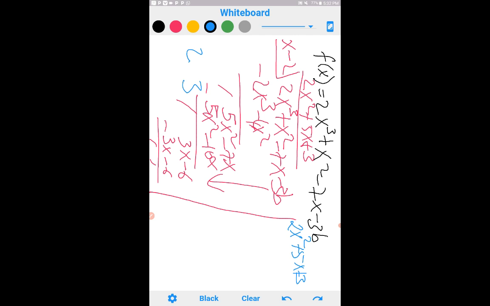So you now have 2x squared plus 2x plus 3x plus 3. I hope you know how to do this. So this gives you, so let me see.